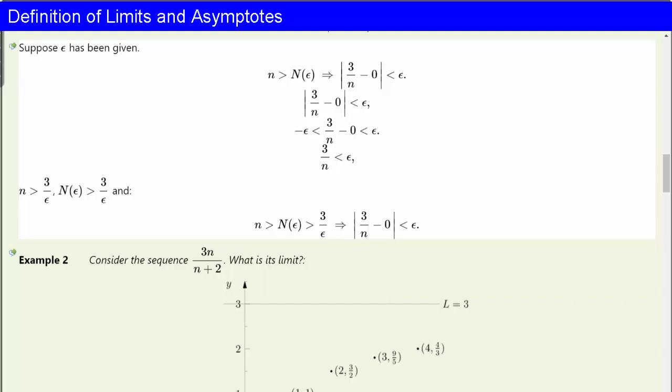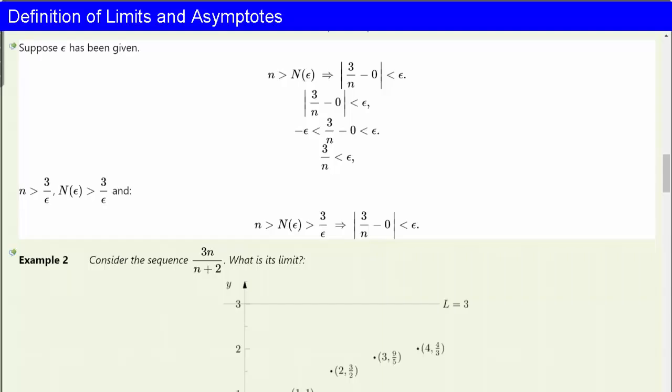Now 3 over epsilon is not in general going to be a natural number, but that's okay. Just choose capital N sub epsilon to be any natural number larger than 3 over epsilon. And then, if little n is bigger than capital N sub epsilon, it will also be bigger than 3 over epsilon, and that's equivalent to our desired inequality, that the distance between 3 over n and 0 be less than epsilon.